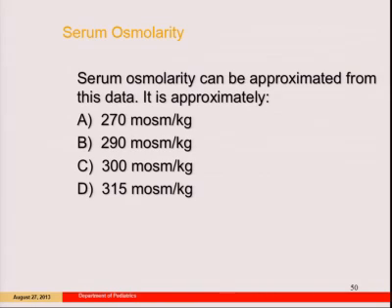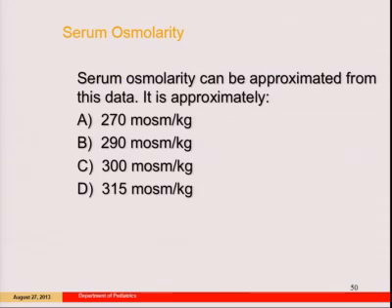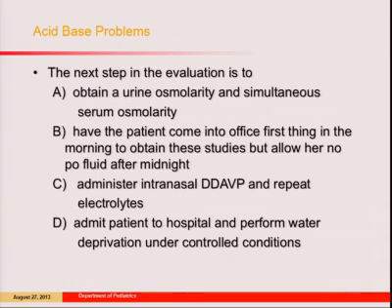It can only be 315. 2 times the sodium is already 302. And then you have to add in the other anions, which are at least 10. If you want to get precise about it, you end up taking 2 times the sodium plus 10, plus the glucose divided by 18, plus the BUN divided by 3. It's actually 2.7, but 3 you can do in your head. In most cases, the glucose and the BUN don't add much if they're normal. But in abnormal circumstances, you need to do that.